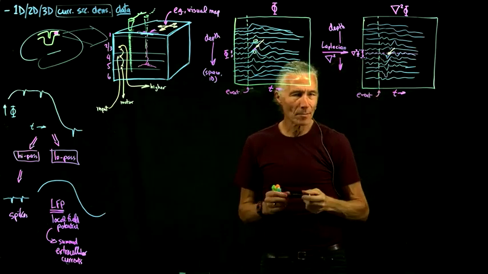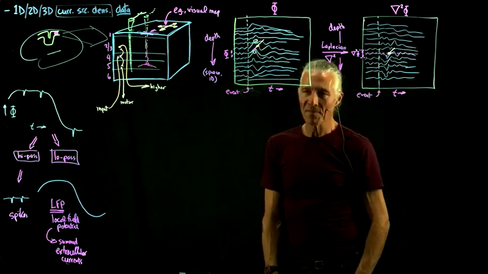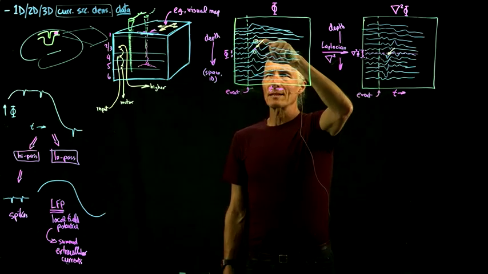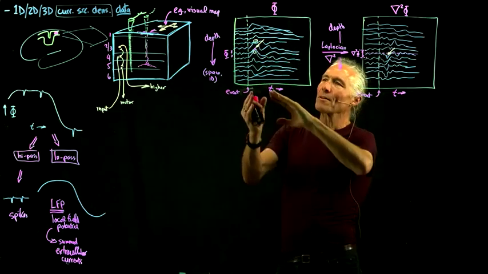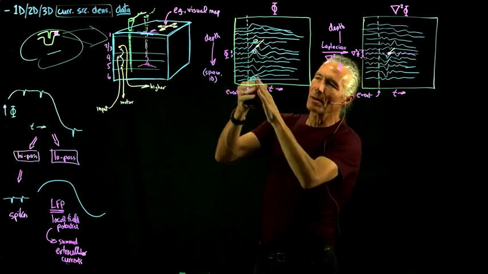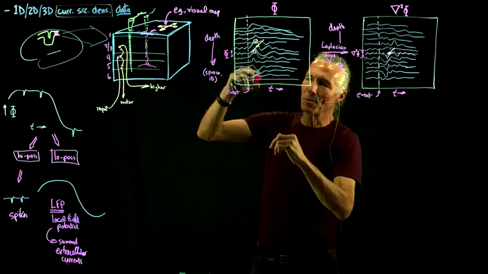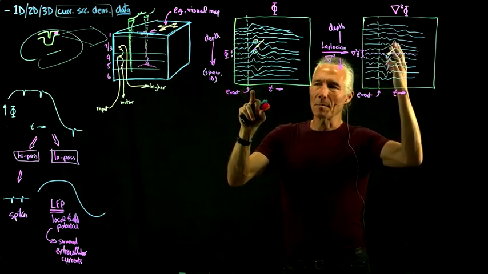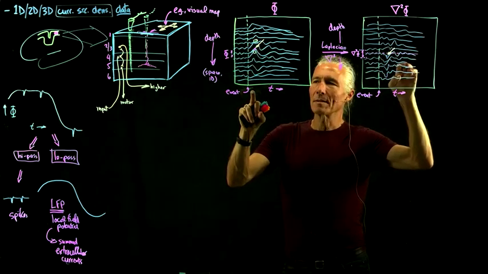Okay, so any questions about 1D current source density? Often I just illustrate it by subtracting the average of the neighbors. Typically, you would fit a spline to the data through depth, and then analytically take the Laplacian of that spline and get a nice smooth current source density curve.